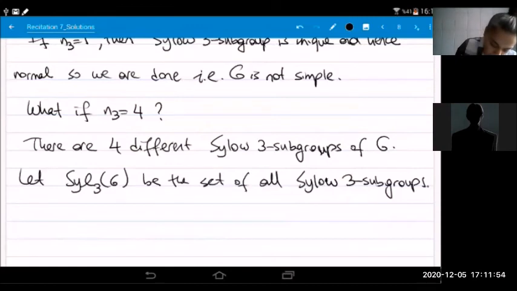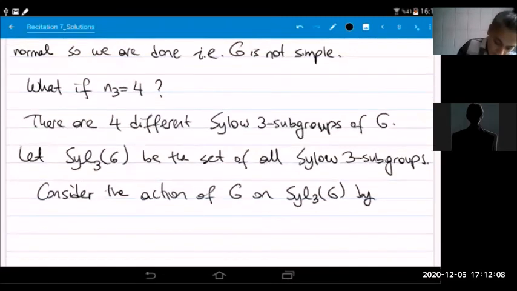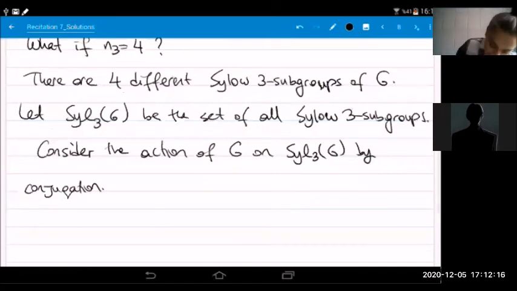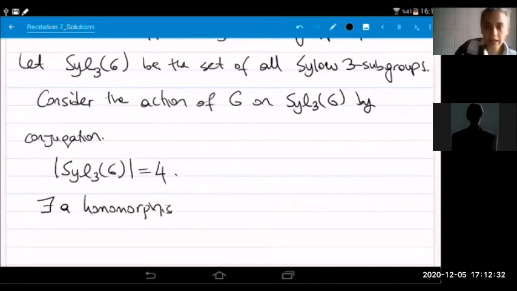So consider the action of G on Sylow 3G by conjugation. Now, since there are 4 different Sylow 3 subgroups, the size of this set is equal to 4.